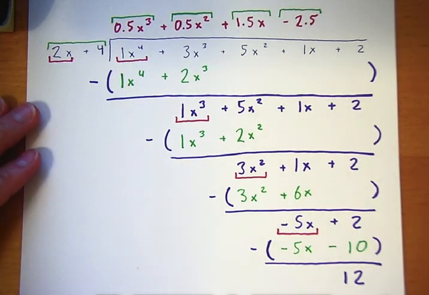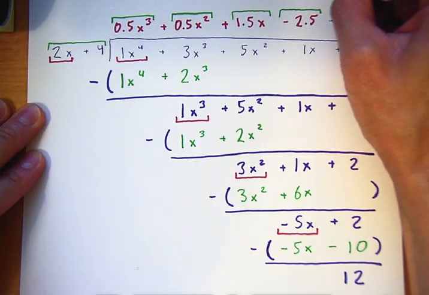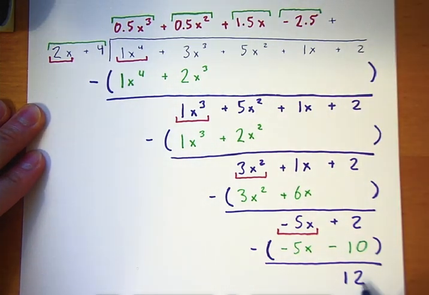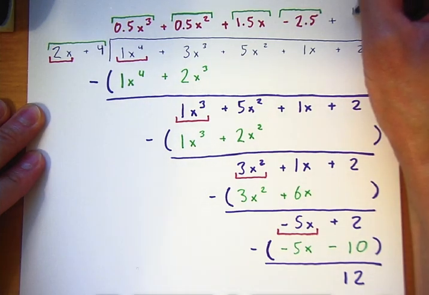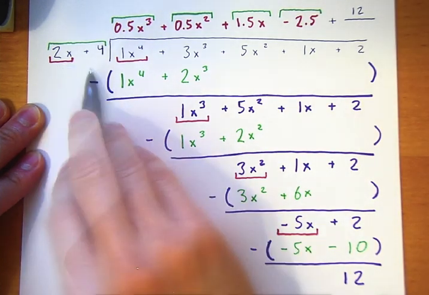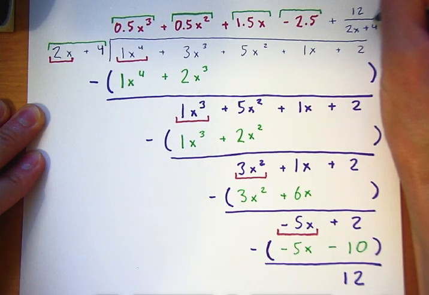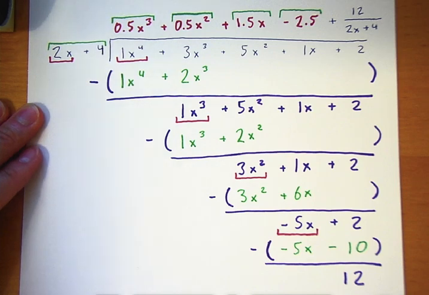So up here, I'm going to write plus my remainder, 12, over my divisor. And there you have it.